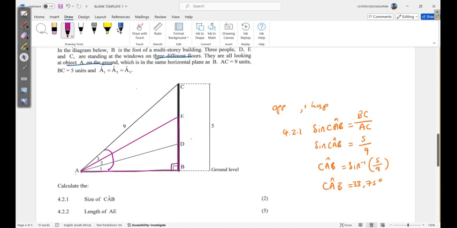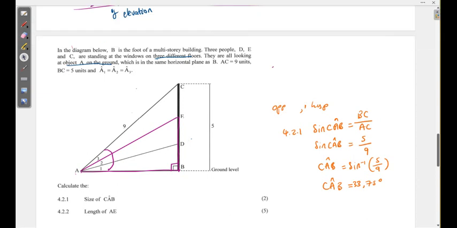Quite an interesting question, right? Quite an interesting one. However, good people, let's understand this. We will need at least two sides. In any question that you're going to work with, always strive to have at least one angle and at least one side.